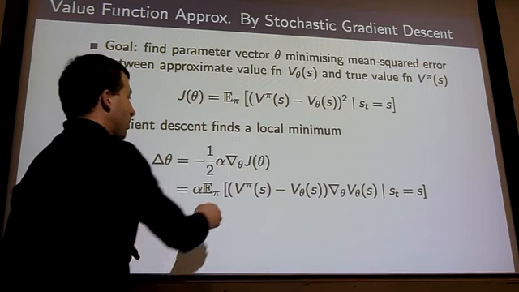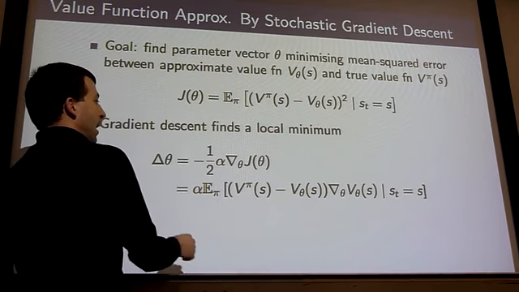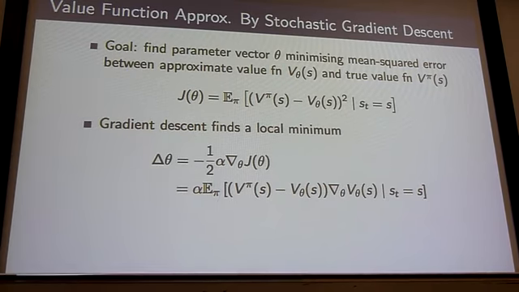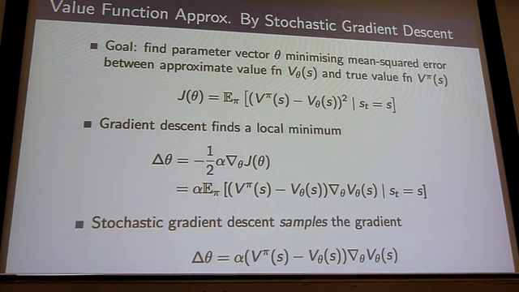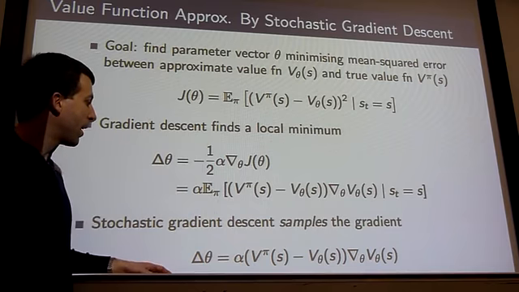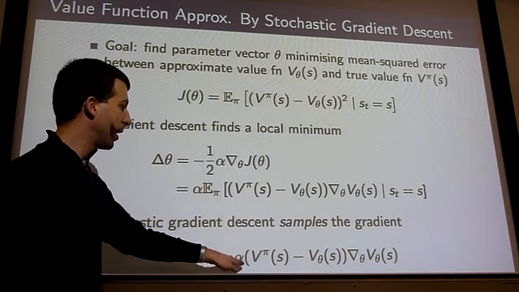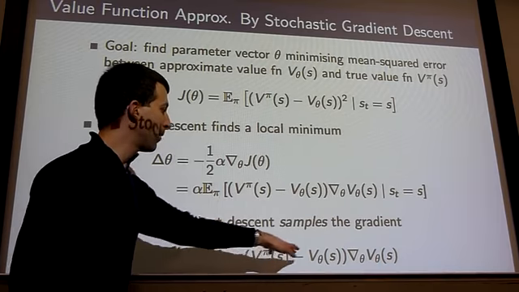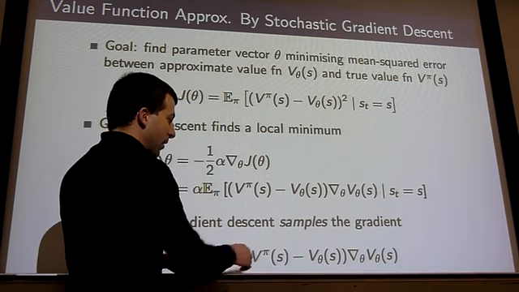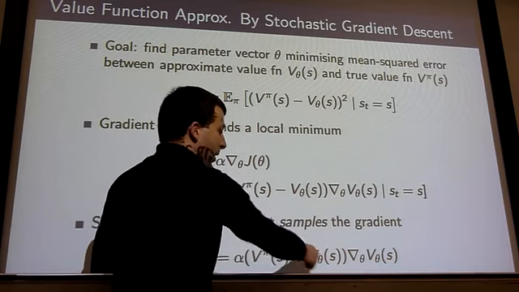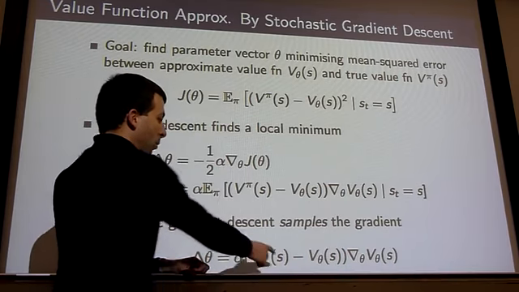Okay? So what this actually looks like now is, if we can just sample this expectation, what we find is that we're going to update the parameters a little bit in the direction of the error that we've made. So this is the error between our estimate of the value function and the true value function.